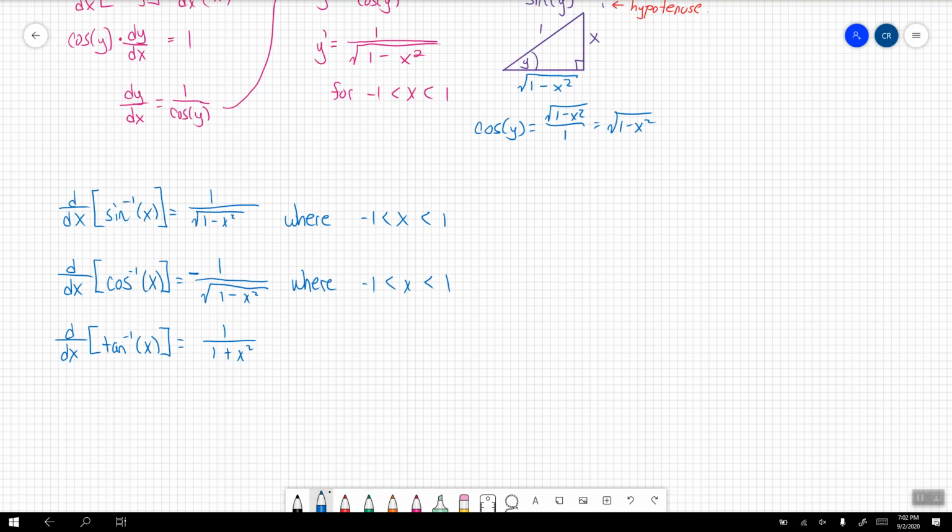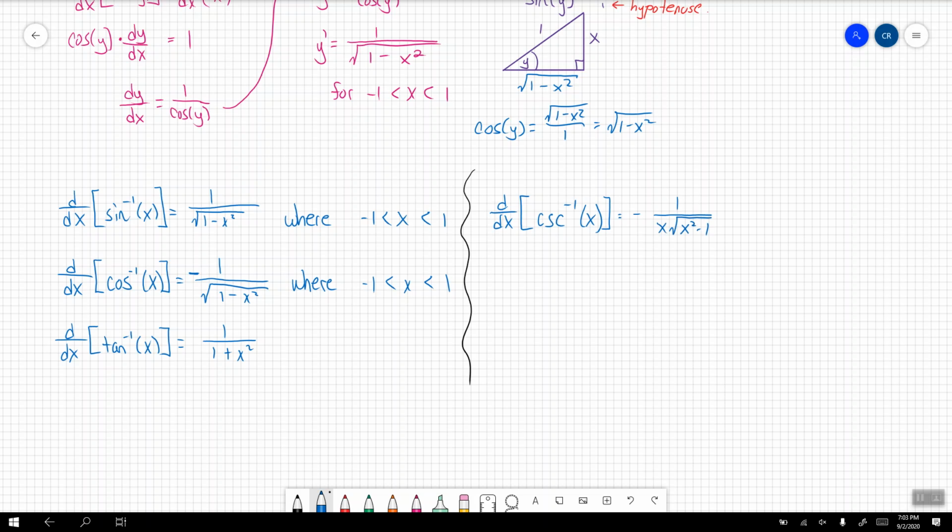So when I look at my derivative, and let's go ahead and split this up here. When I look at my derivative with respect to x for cosecant inverse of x, I should be able to extract the result of -1 divided by x multiplied by the square root of x squared minus 1. All right, good so far. We're going to keep going.